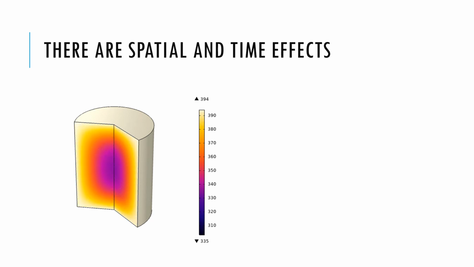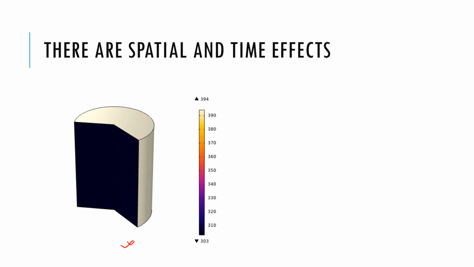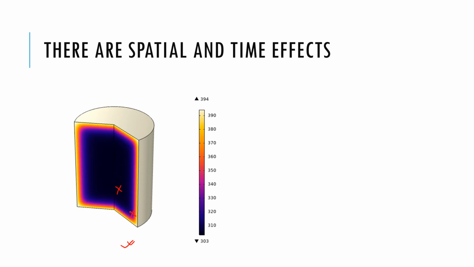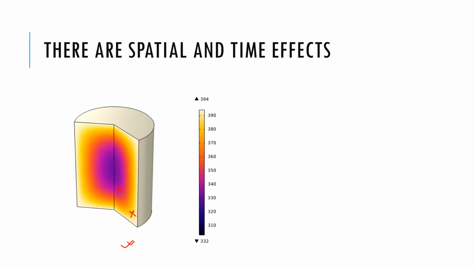If we look at this simple heating process here, we can see that the temperature inside this cylindrical mass changes with time, and of course it varies in space, which means the reactions that we talked about, if we take two different locations in this material, the reaction isn't going to proceed to the same extent, which means somehow we have to bring in these spatial effects.